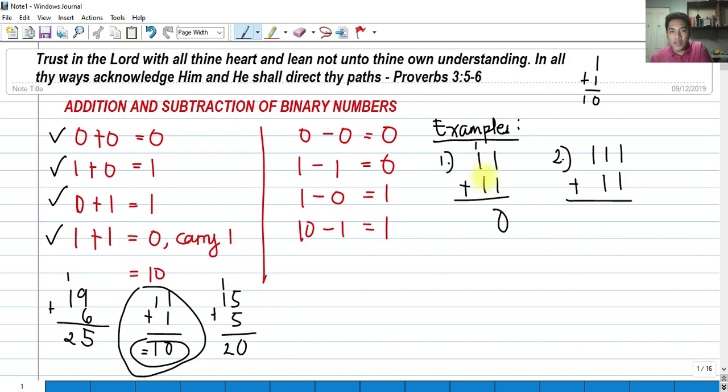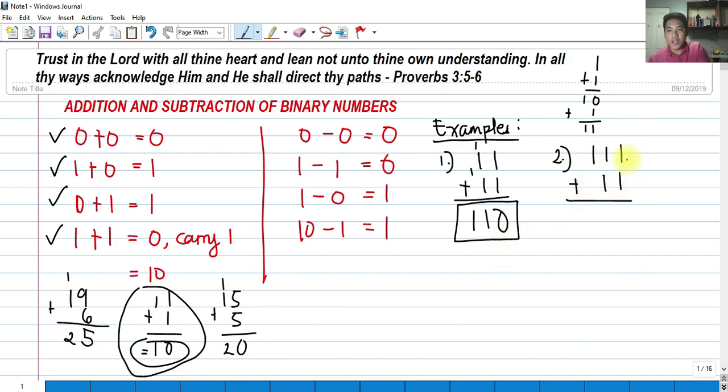And then we add another 1 here, so that would be the same as having 1 here. So 1 plus 0 would be 1, and we have 1 here. So 1 plus 1 plus 1 would be what? 1, carry 1 again. So we bring down 1 here such that our answer is 1, 1, 0.